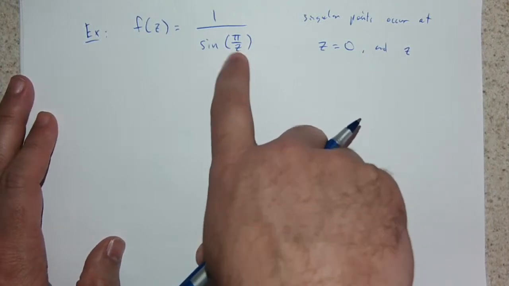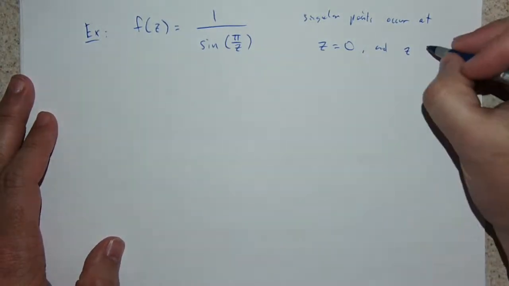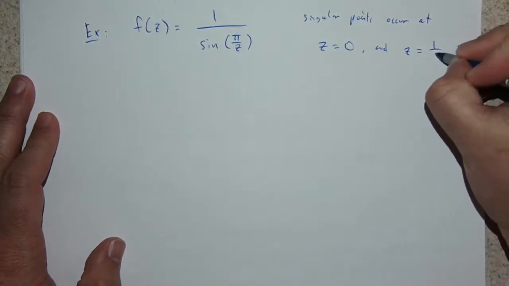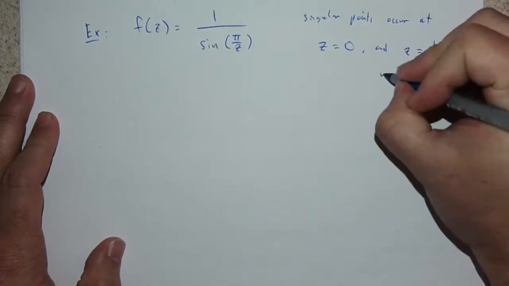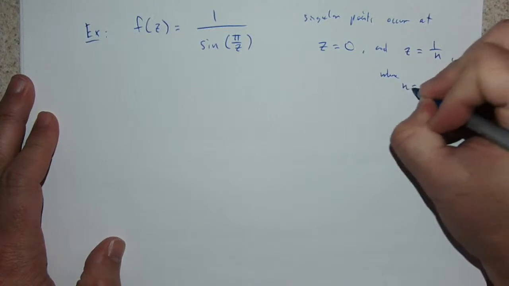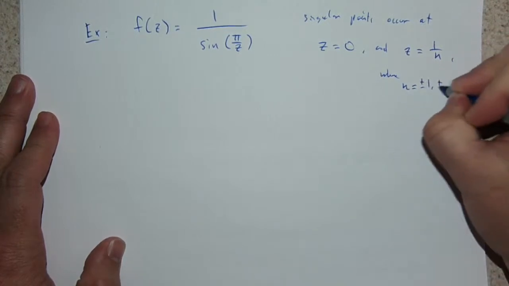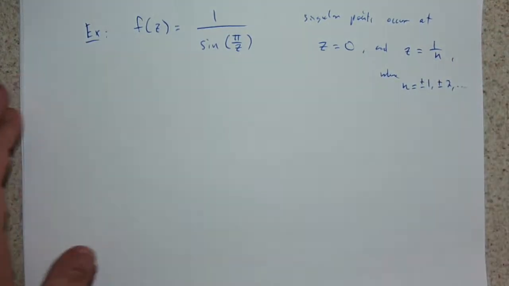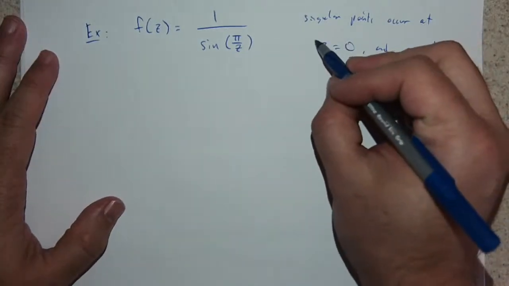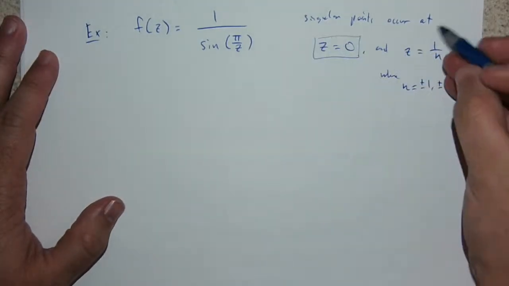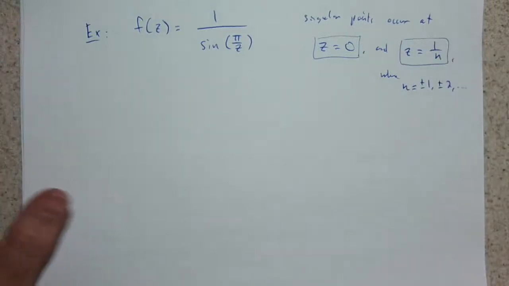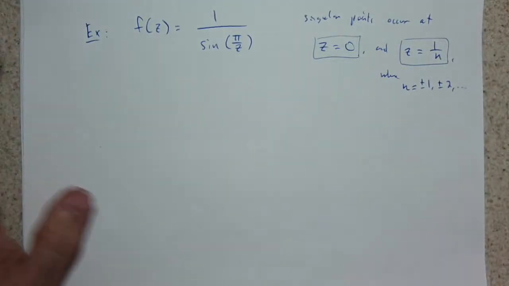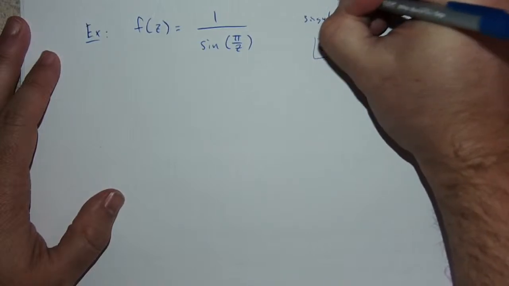So z needs to be 1 over an integer, right? So z needs to be 1 over n, where n is plus or minus 1, plus or minus 2, and so on. Right? Okay. And so here are the singular points. So there's infinitely many singular points. z equals 0 is one, and z equals 1 over n is another. Okay, so there's infinitely many of these.